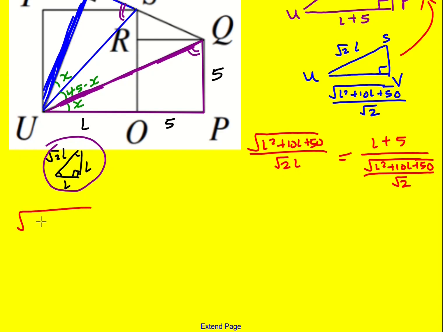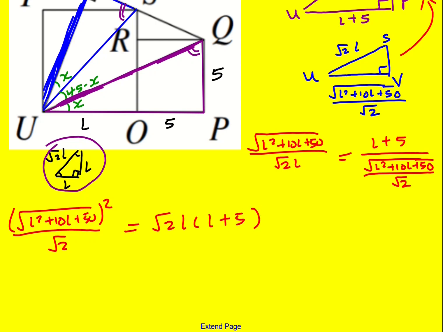So that will give me root L squared plus 10L plus 50 times root L squared plus 10L plus 50. So I'm basically squaring it, and then I'm dividing through by root 2. And that is then going to equal root 2L times L plus 5. This is really good because now I've got L squared plus 10L plus 50.